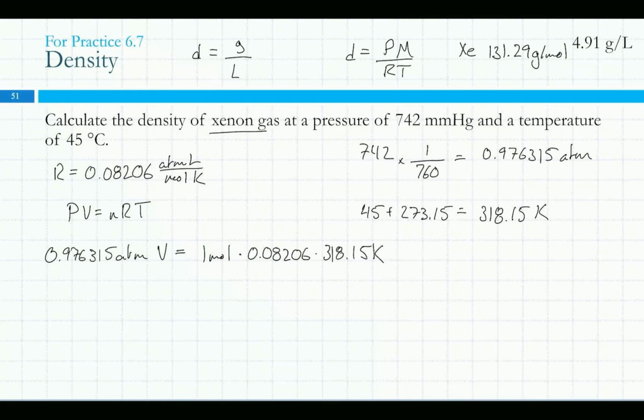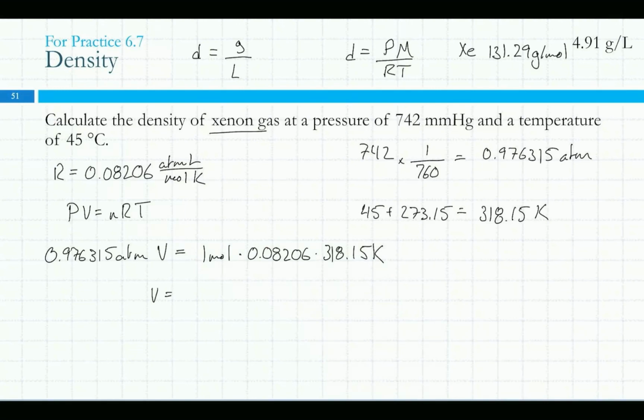Because remember, as long as I have 3 of the 4 different values for a gas, I can calculate the last one. And it doesn't matter if this is 1 mole or 10 moles. It gets a little bit ridiculous if you start picking crazy big or crazy small numbers, but 1 mole is reasonable. And so now I can solve this for volume.